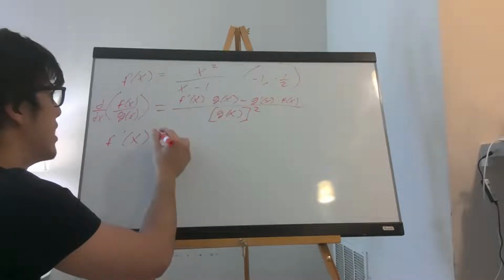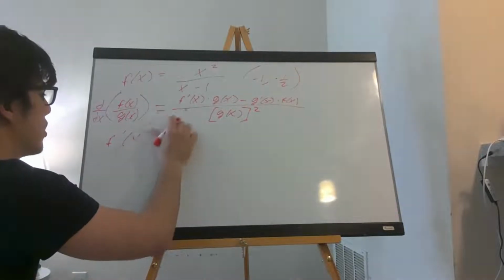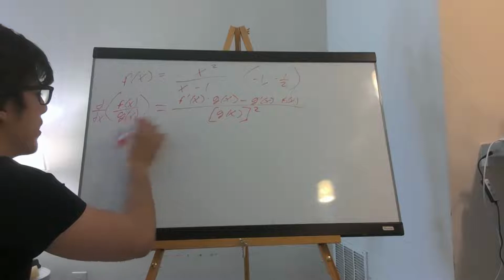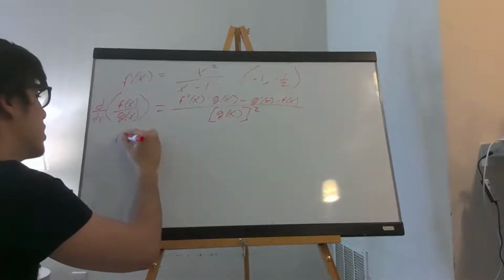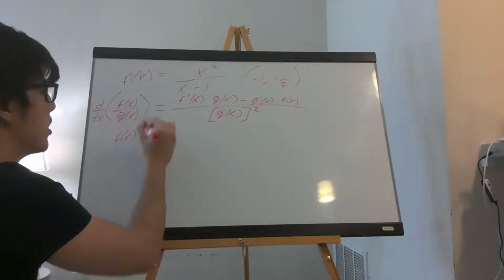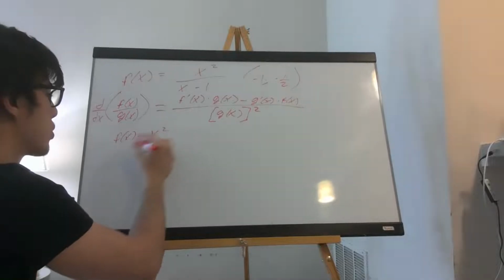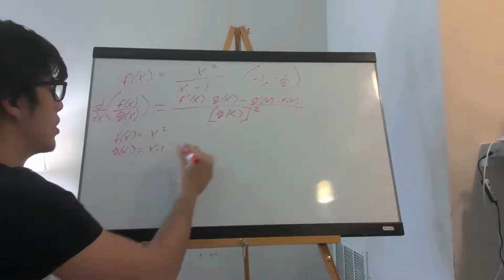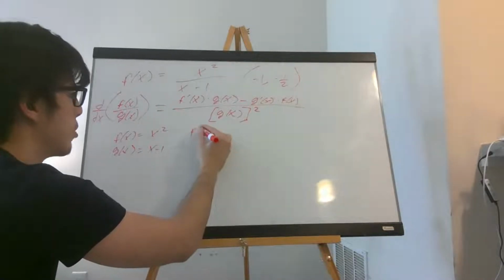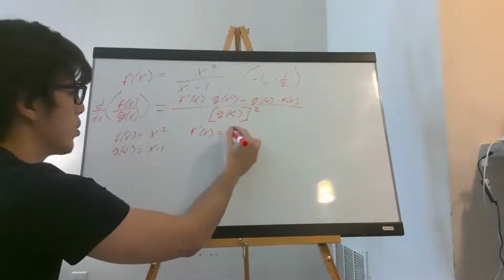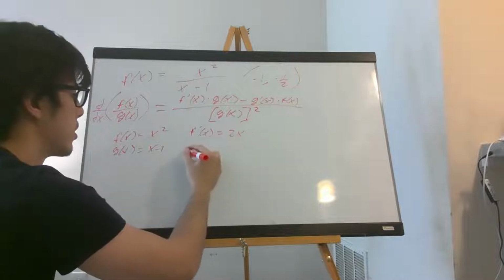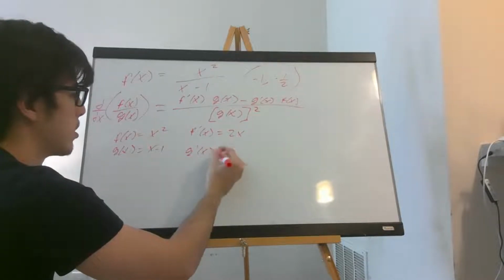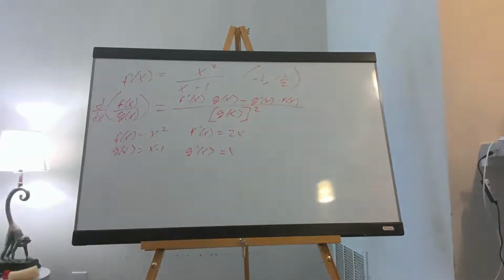So f prime of x, actually, you know what? Let's define f of x and g of x first. So f of x is equal to x squared, g of x is equal to x minus 1, f prime of x is equal to 2x, g prime of x is equal to 1.